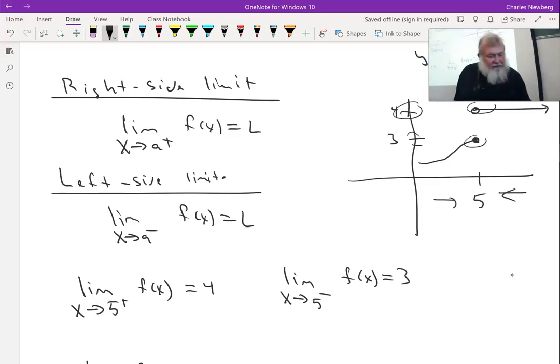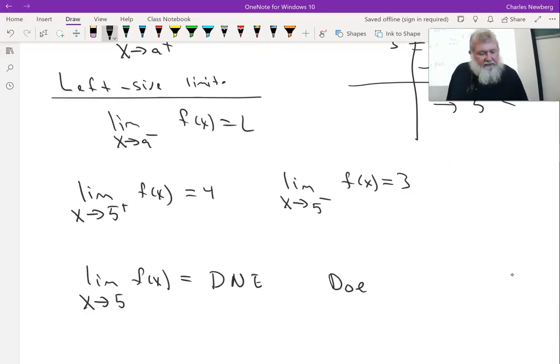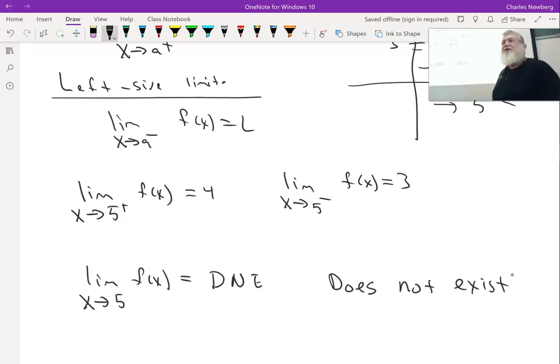So what would we say the two-sided limit is in this case? DNE, does not exist. DNE is pretty standard mathematical language for does not exist.